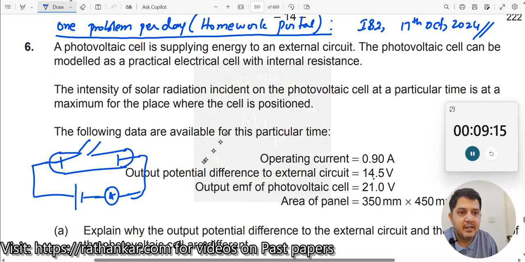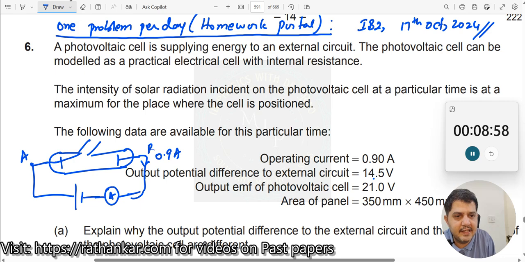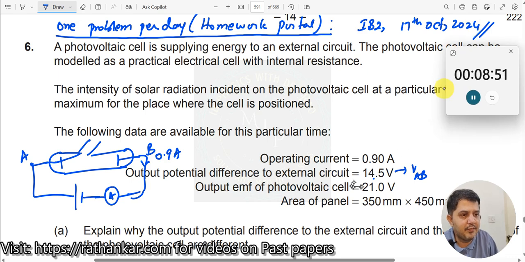So the following data is available. Operating current is 0.9 amperes, which means the current that passes through it is 0.9 amperes, and the output potential difference to the external circuit is 14.5 volt. Output potential difference means the potential difference between, let us say, point A and point B. So VAB is seen to be around 14.5 volt.